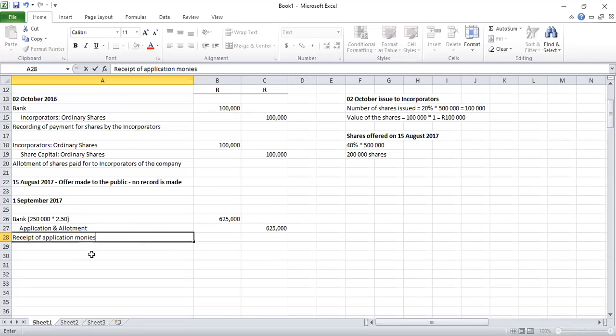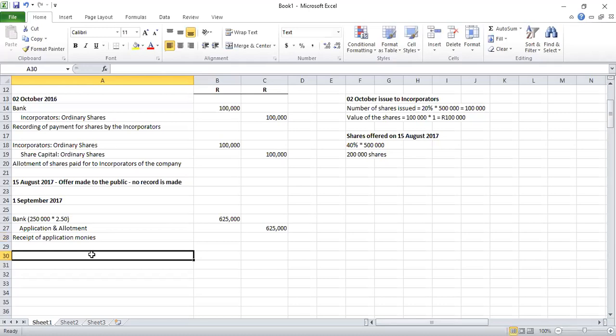Then at the same time, we also account for the expense of the underwriters commission. You should know that our commission will only be on the shares that are being issued, which is the 200,000. So it will be 200,000 times 250.